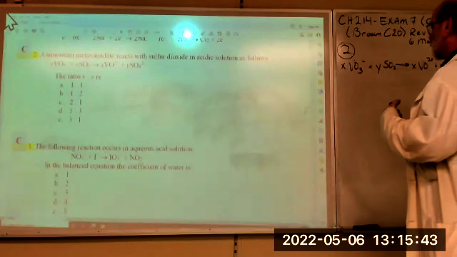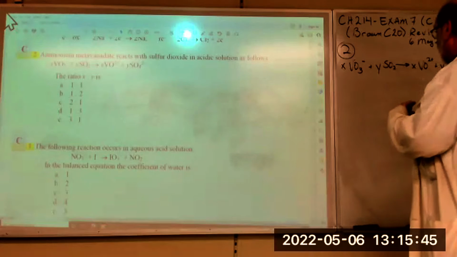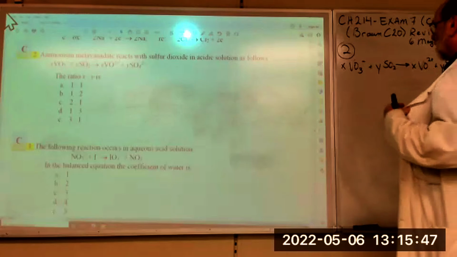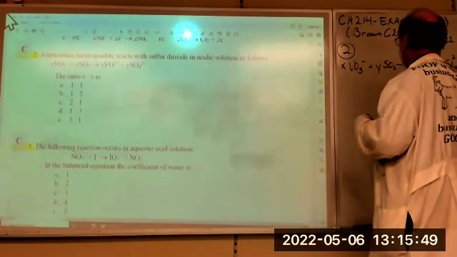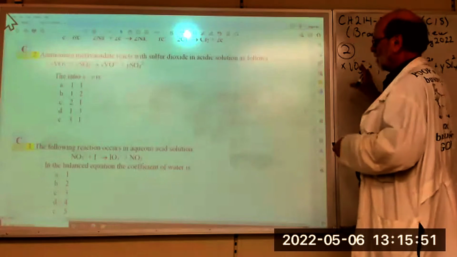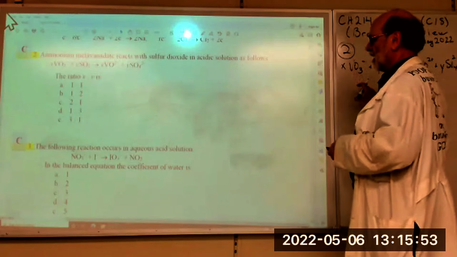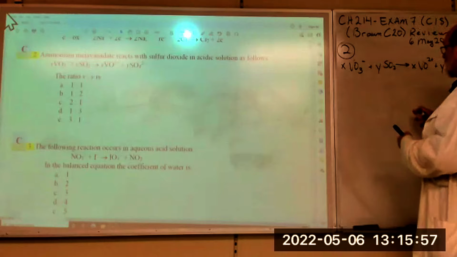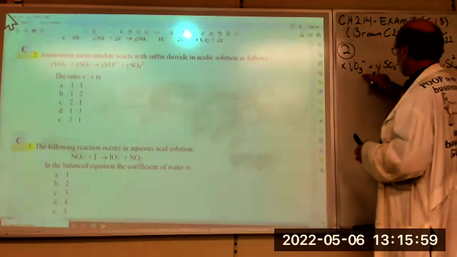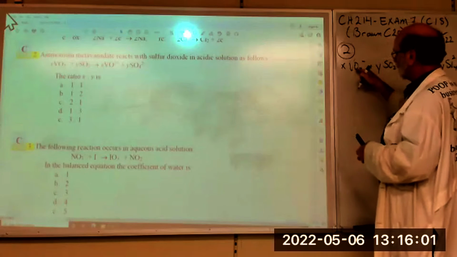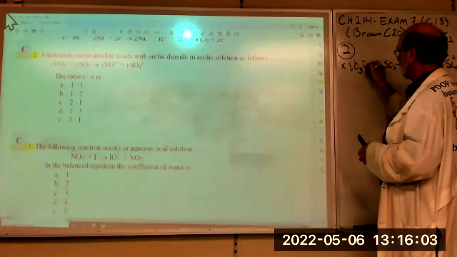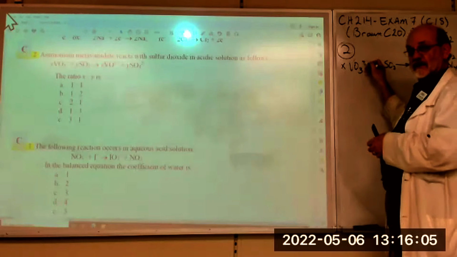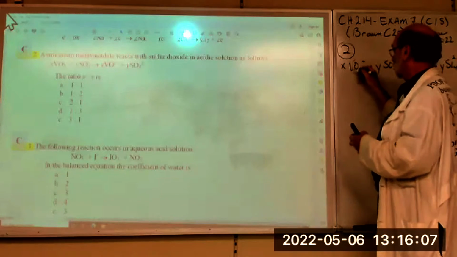So if we balance this in acidic solution, I'm probably going to have to get over on this side of the board. We're going to have to write an oxidation and a reduction step. So we need oxidation states for each one. So this one is 3 times -2 for oxygen is -6, but we're holding out 1. So it's a -5 that has to be balanced.